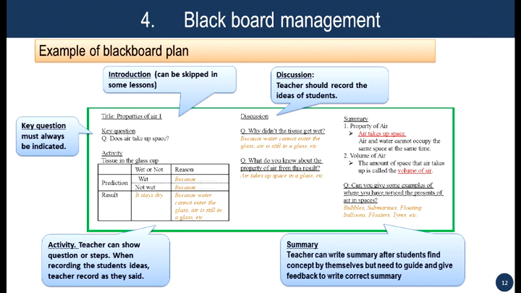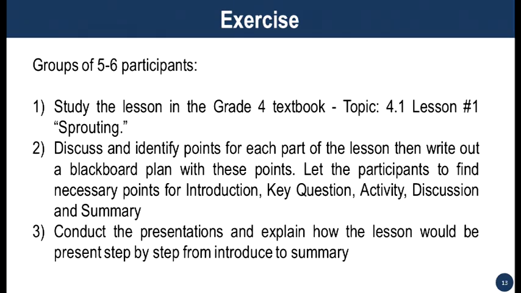So teachers, your final activity is to look at a grade 4 lesson in the textbook, topic 7.1, lesson number 2, observing plant growth. Discuss and identify points for each part of the lesson, then write out a blackboard plan for these points.